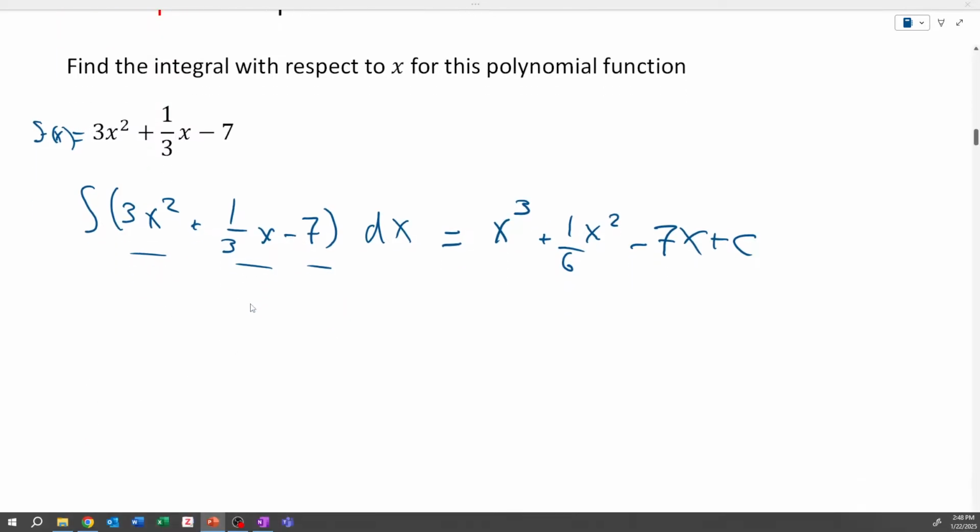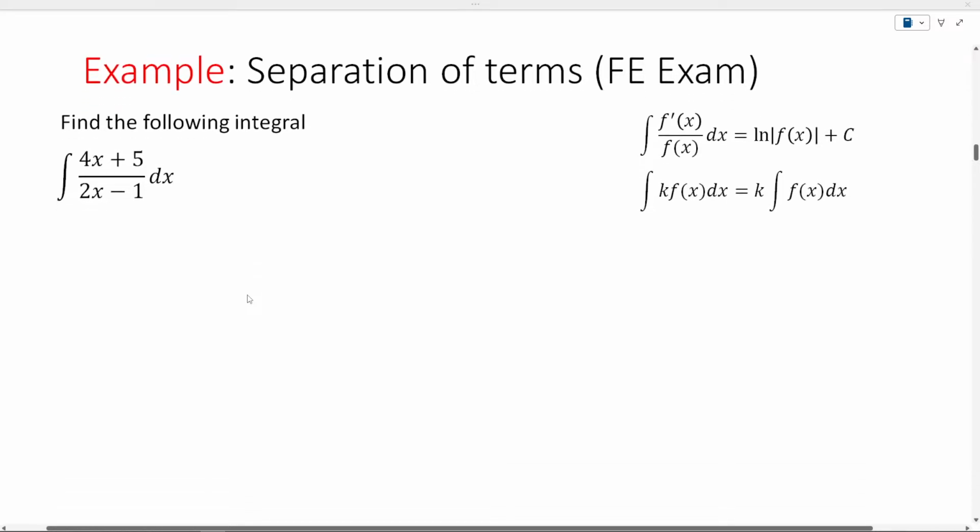Okay, so let's take this to a problem like this. This is an FE exam problem. Can we do the separation of terms here in this one? Yes, actually, we can, because we can use long division to do some separation so that we can use this rule.